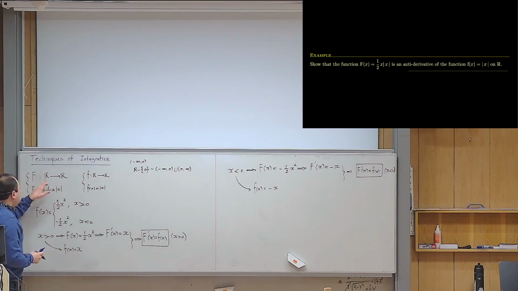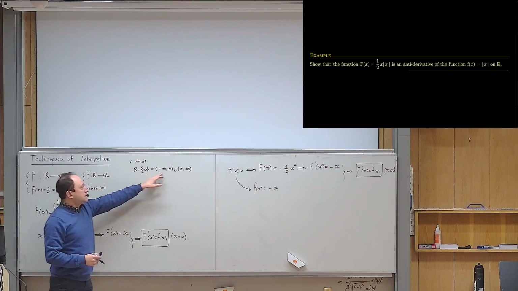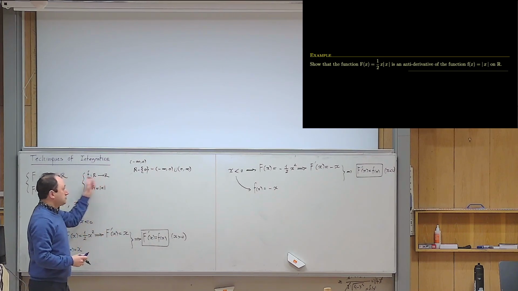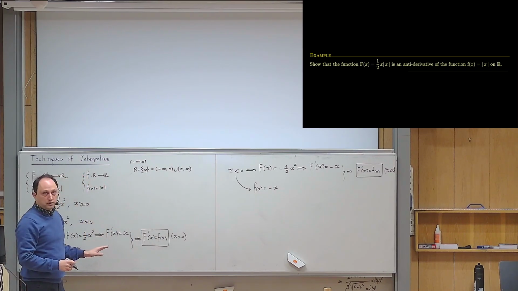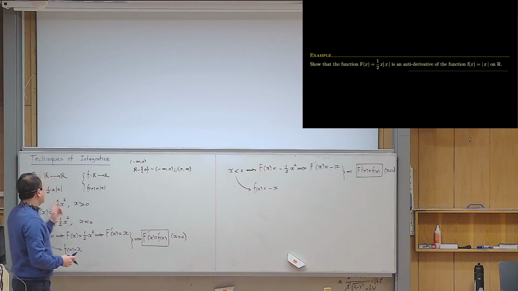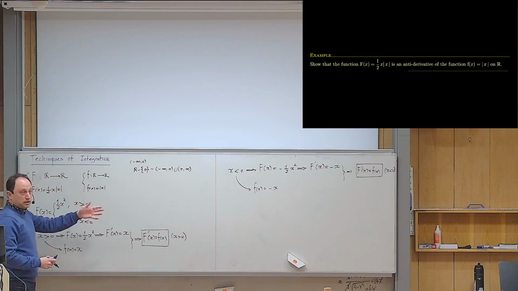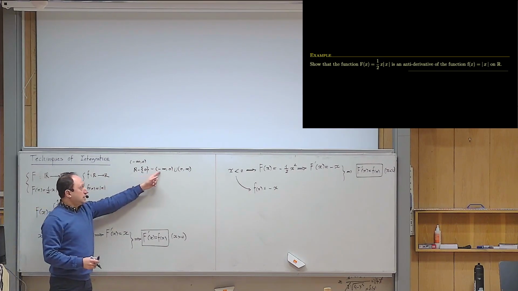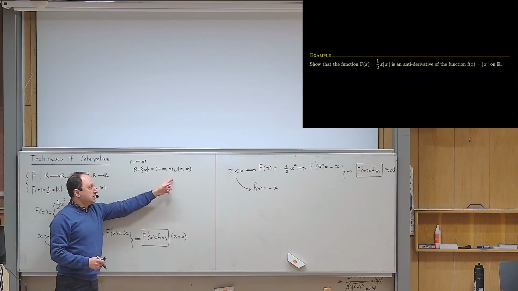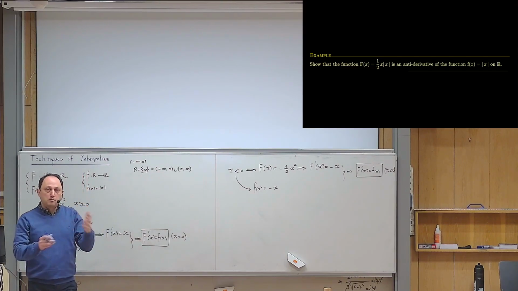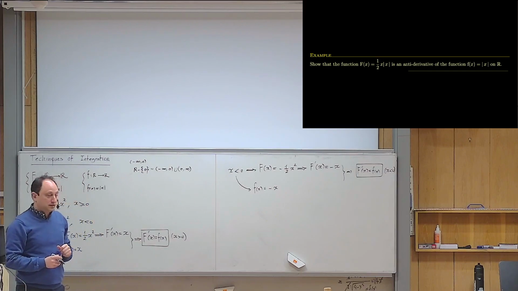Okay, so if instead of R, they had given this as the domain, both for this function and that function, we are done. Because we were able to show that this capital function F is differentiable on this set, and for every choice in this set, capital F prime matches with little f.